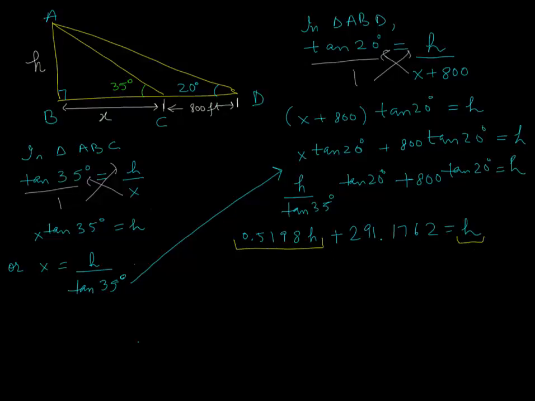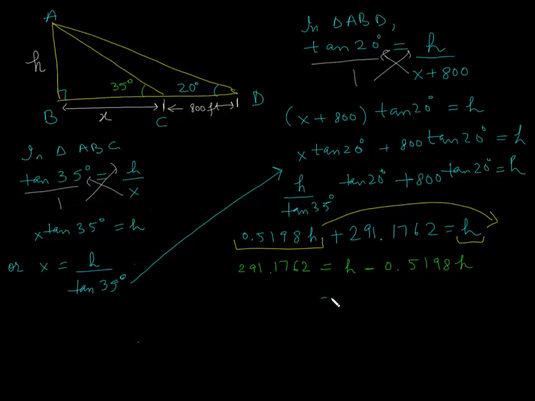Solving the equation, you remember you have to bring the terms containing h together. So let's move this one over there. Moving means we are subtracting 0.5198h from both sides. So what do we get? We get 291.1762 equals h minus 0.5198h.